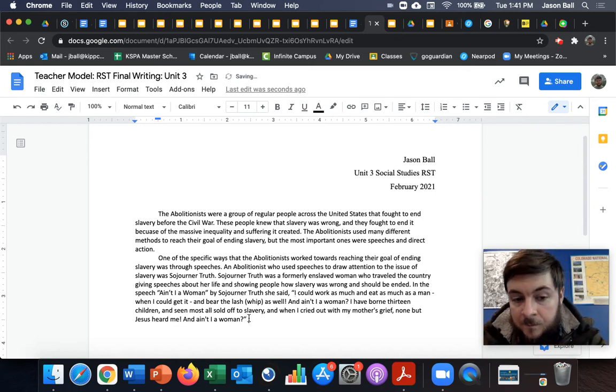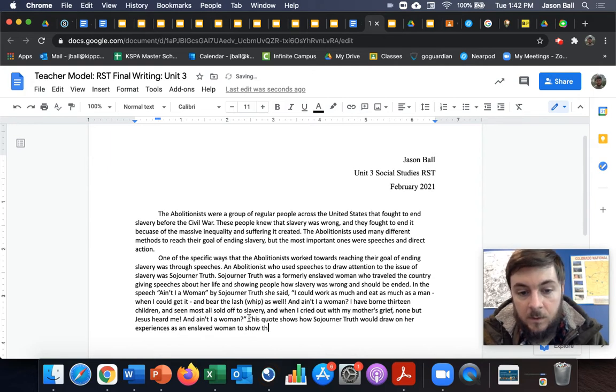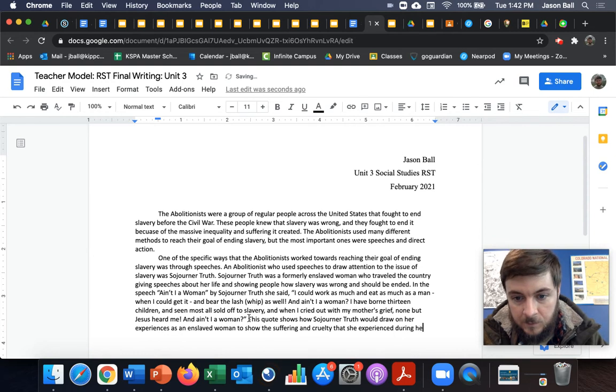And then next what I have to do is interpret what this quote means to me. So let's say I would say, this quote shows how Sojourner Truth would draw on her experiences as an enslaved woman to show the suffering and cruelty that she experienced during her enslavement.